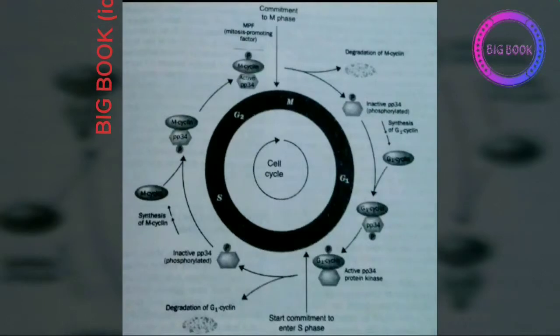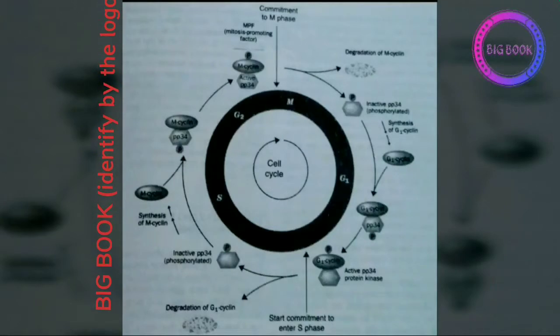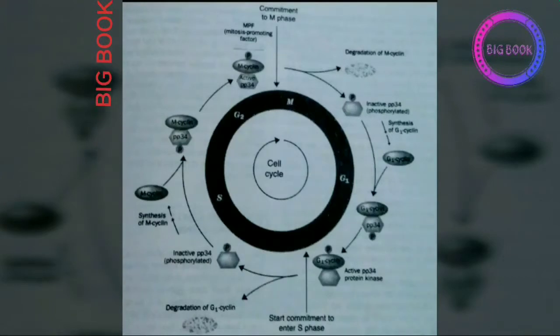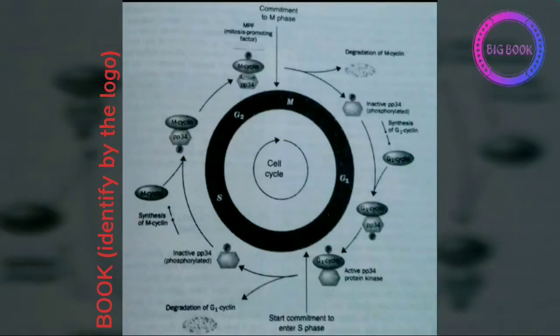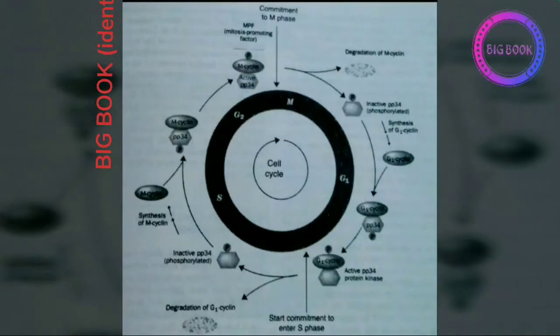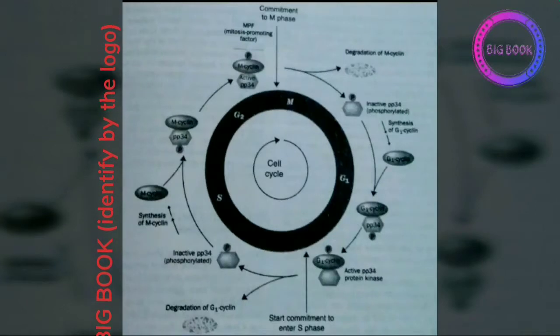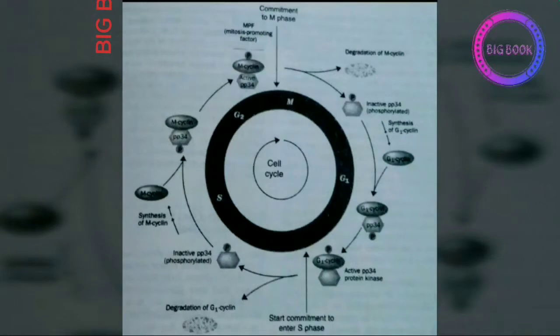We can observe all the stages, G1, S, G2, M. In this we can also see the G1 cyclin, M cyclin, and p34, and also the protein kinases and the complexes which are forming, that is the active p34 protein kinase and also the mitosis promoting factor. This is how it is schematically represented. Now we will discuss what is happening here.